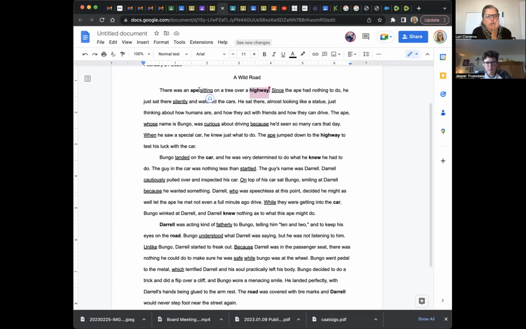You can take off the underline for sitting, right? Yeah. And then you've got ape down here. You can bold that and take off the underline. 2, 3, 4, 5, 6. So you've got your ly, silently, who, which. You used whose, very good.